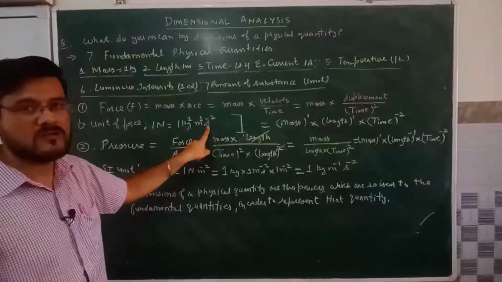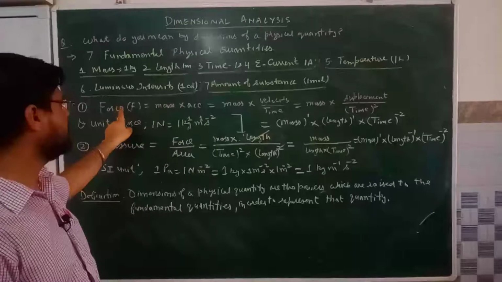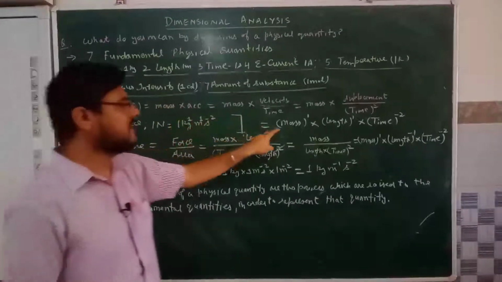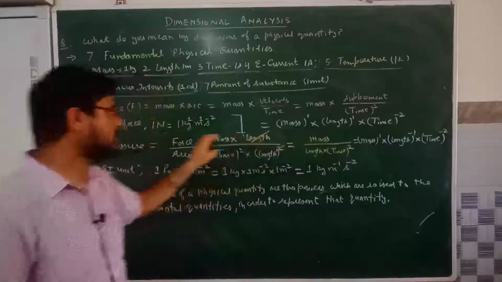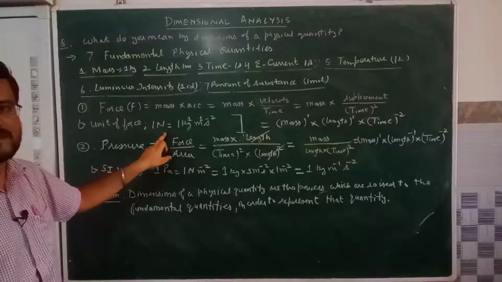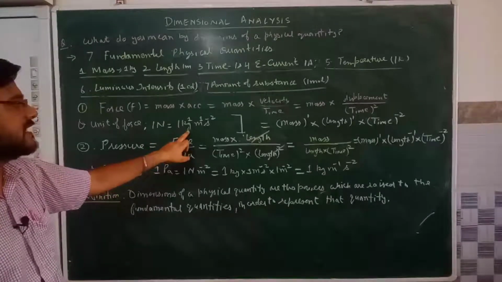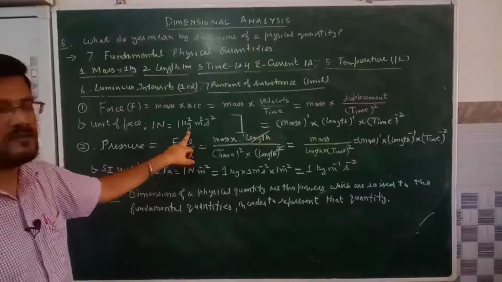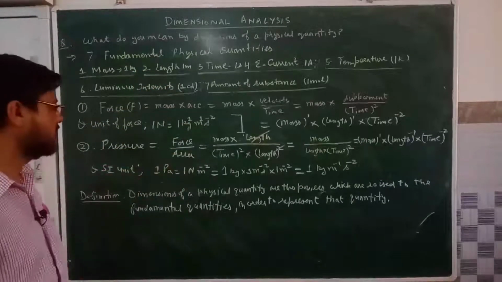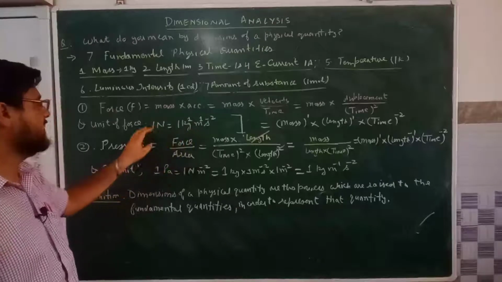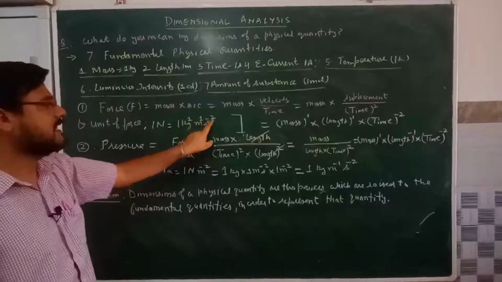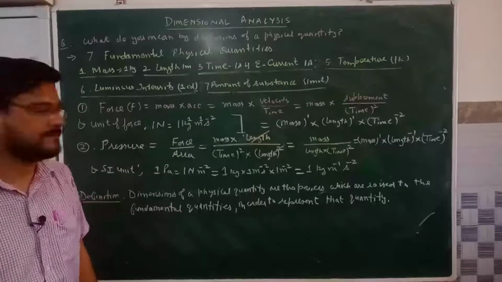So not only can the dimensions be obtained by decomposing a given physical quantity and writing its formula in terms of fundamental quantities, but we can achieve the same thing from the unit of the given physical quantity, expressing it in terms of the fundamental units of the fundamental SI quantities. So again we can say that the dimensions of force are 1 for the mass, 1 for the length and -2 for the time.